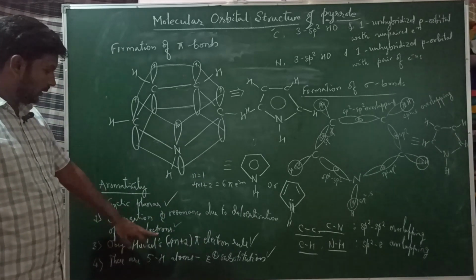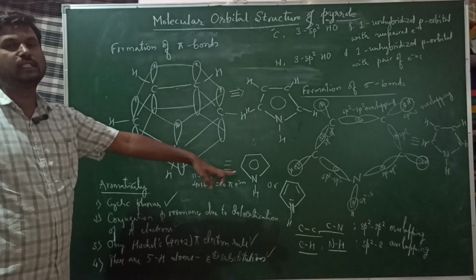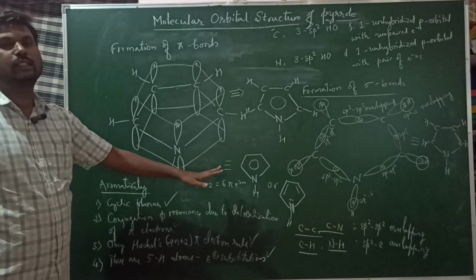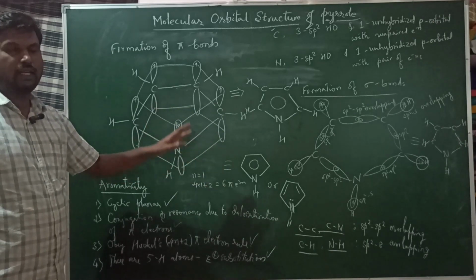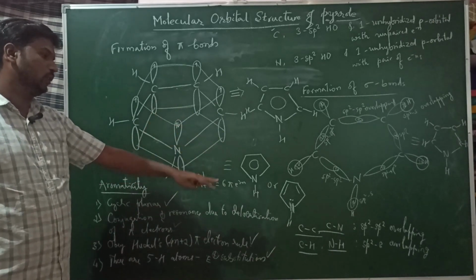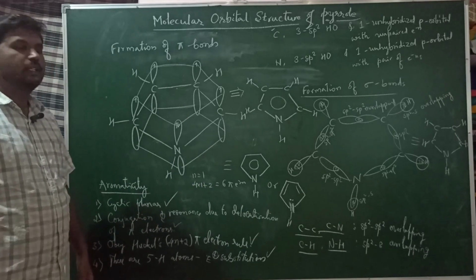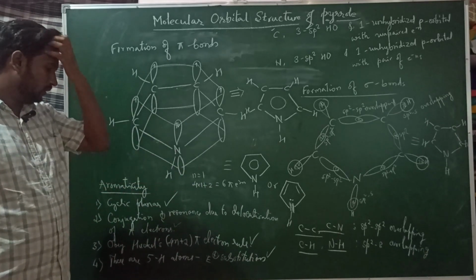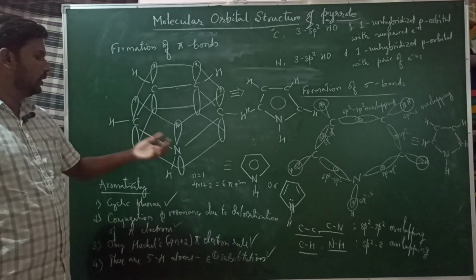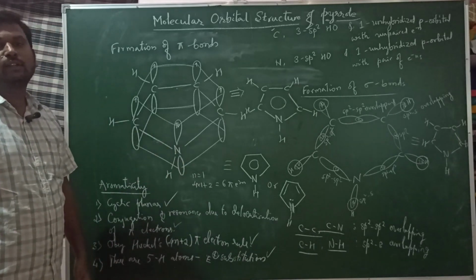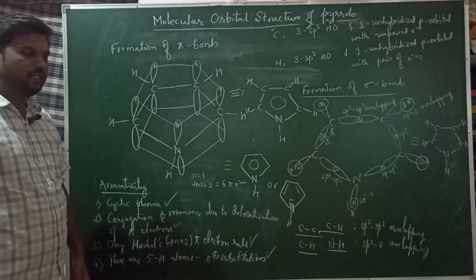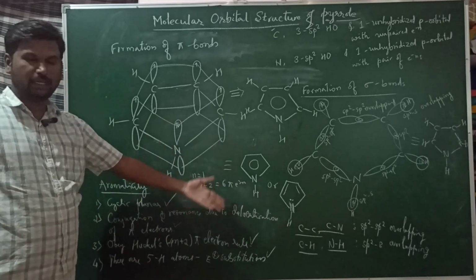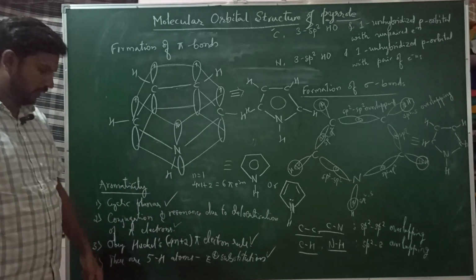It has 4 pi electrons and the lone pair of electrons, all 6 electrons involved in the resonance structures. Compounds containing 2, 6, 10, 14, 18 pi electrons are aromatic in nature. So it has 6 pi electrons, hence it is aromatic in nature.